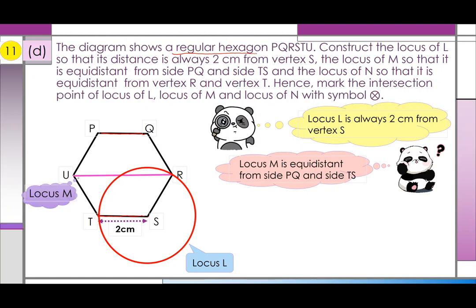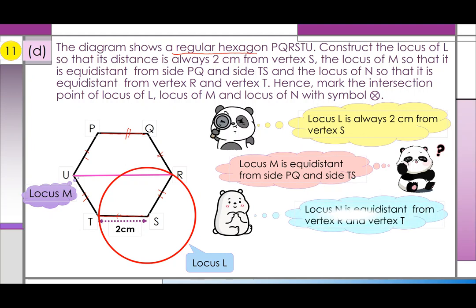Because this is a regular hexagon, every side is the same length, so I know this is the middle line. Now locus N is equidistant from vertex L and vertex T. L is this one, T is this one. Two points, so I need to find the middle line.